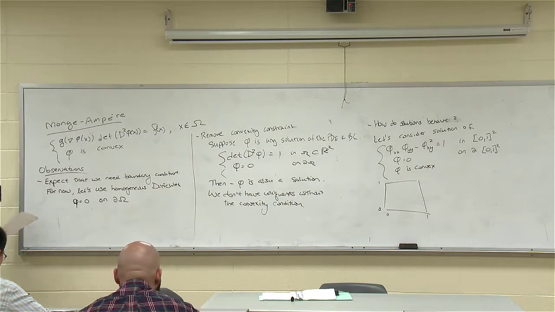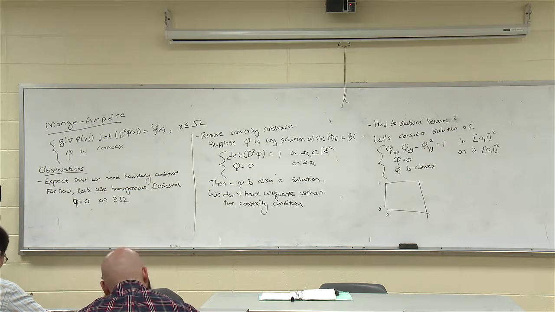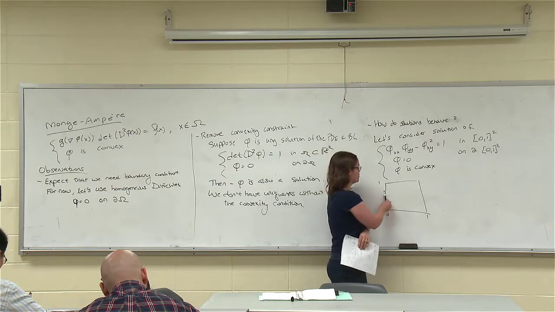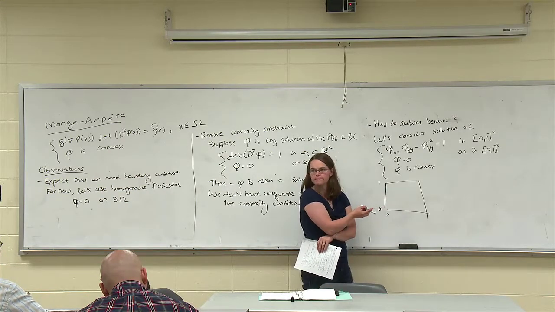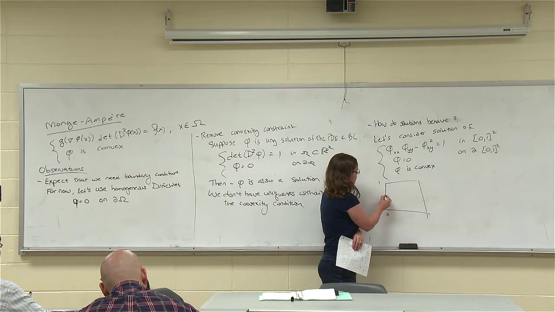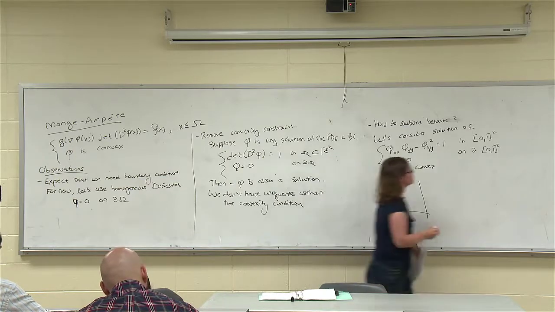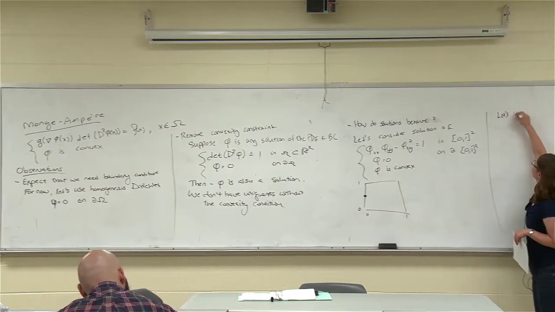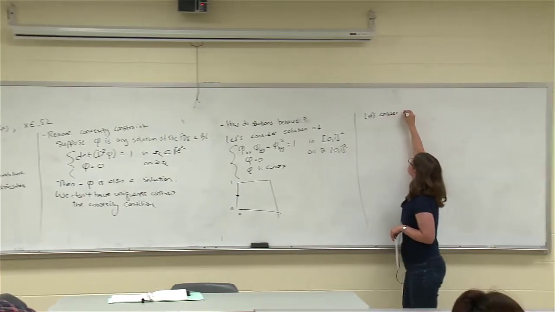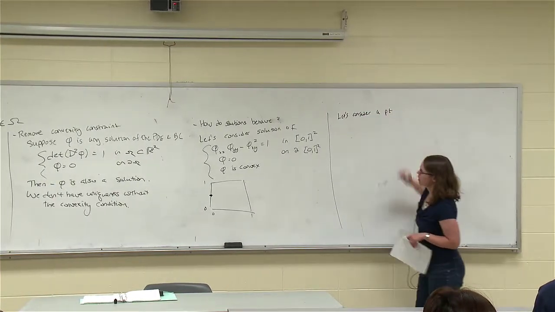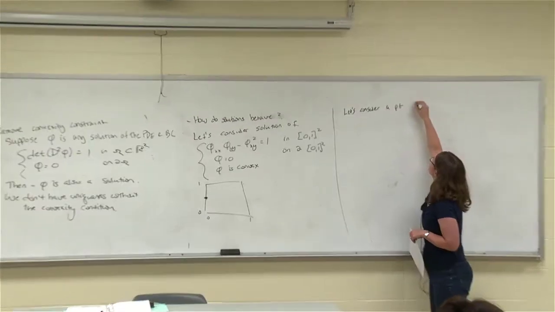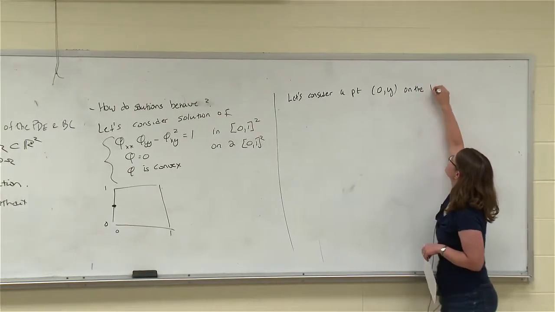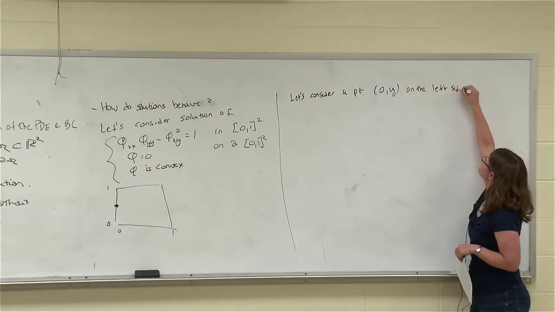Now I want to see a little bit more about how the solution behaves. So I'm going to start at a point, say, on the left side of this square. So maybe I decide to focus in right here. So let's consider a point, say 0, y on the left side of the domain.